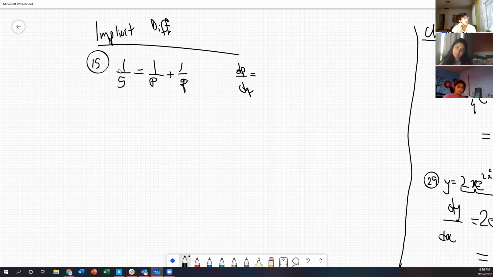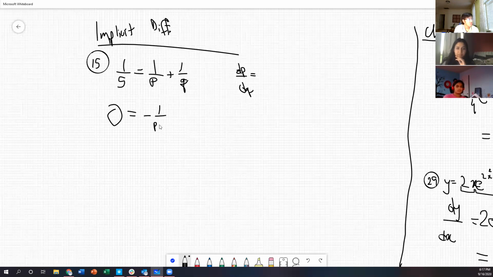What you would end up with is 0 equals negative 1 over p squared dp/dq minus 1 over q squared. And no matter what you do, you won't be able to push it into the form of 25 over (q minus 5) squared.